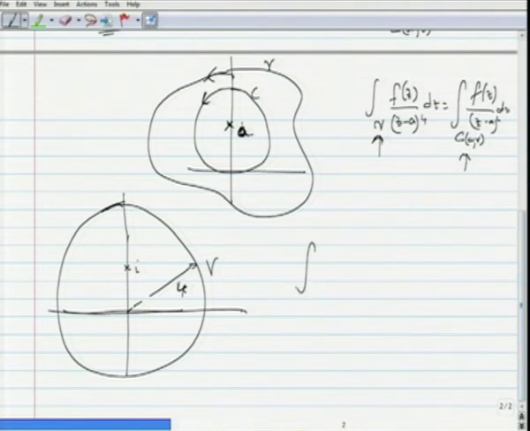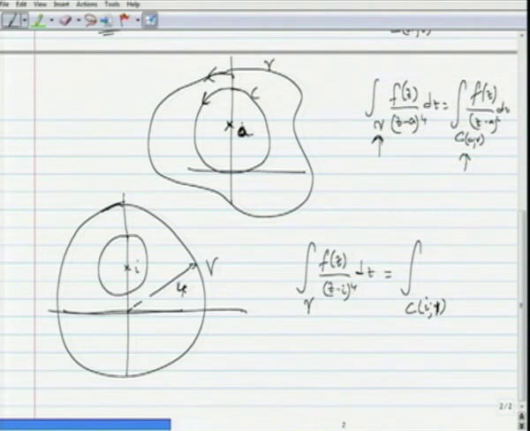By Cauchy's theorem version 3, we know that the integration over gamma of f of z by (z minus i) power 4 dz is equal to the integration over a circle of radius r around i, r small enough, let us say 1, of f of z by (z minus i) power 4 dz.